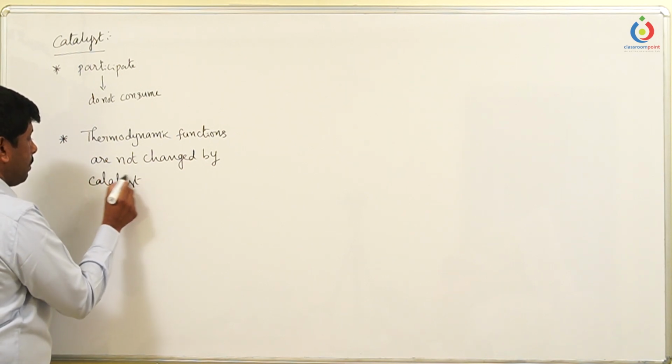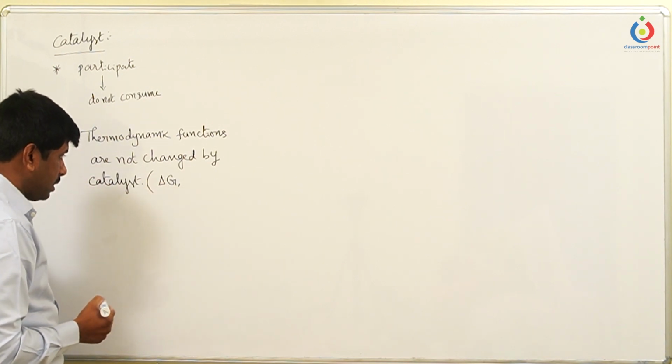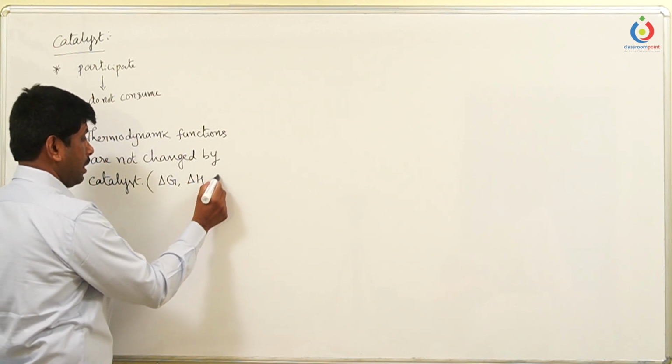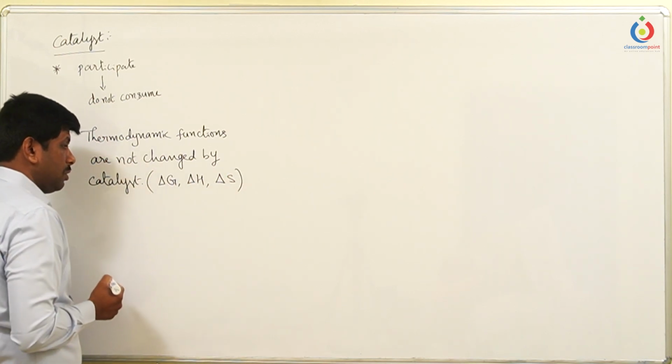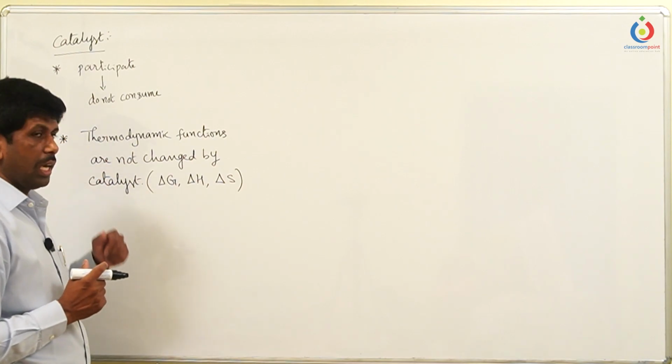So what are the thermodynamic functions? For example, delta G, Gibbs energy, delta H, change of enthalpy, and delta S, change of entropy. These thermodynamic functions are not changed by the catalyst.